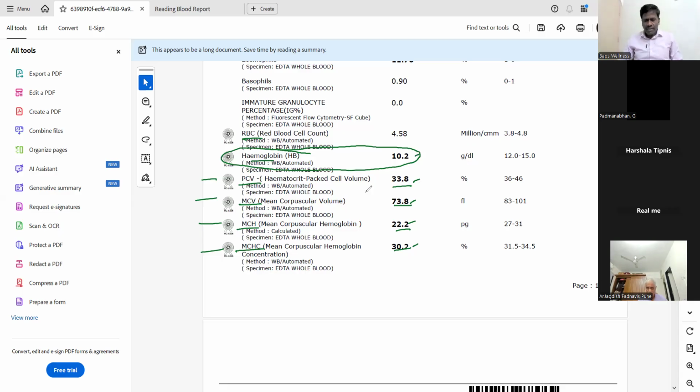Hemoglobin is present in the RBC, the red blood cell, which carries the oxygen and exchanges the gas between the cells, carrying it to and fro from the lungs and the cells.